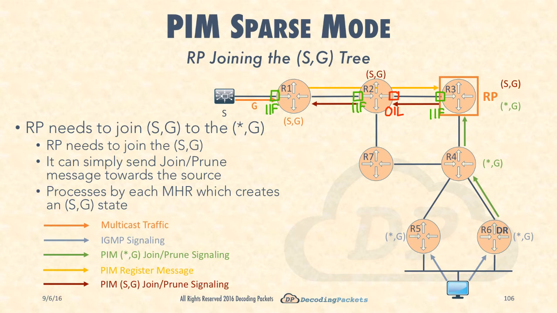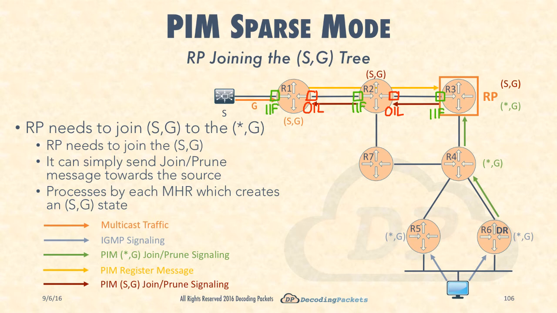What R1 is going to do in response to that join prune message is add this receiving interface into the OIL. So it updates the OIL with that interface, and now the SPT signaling between RP and the FHR is quite complete, and R1 can actually start sending the multicast traffic.